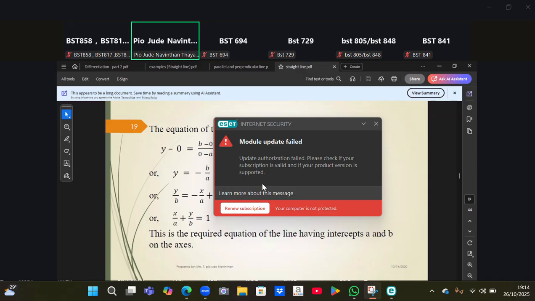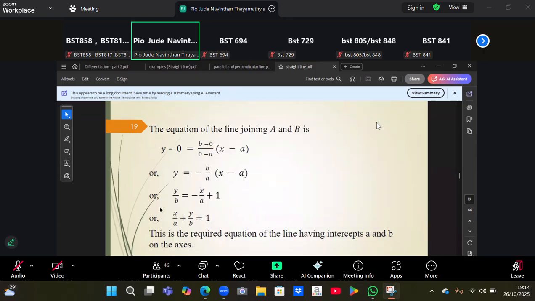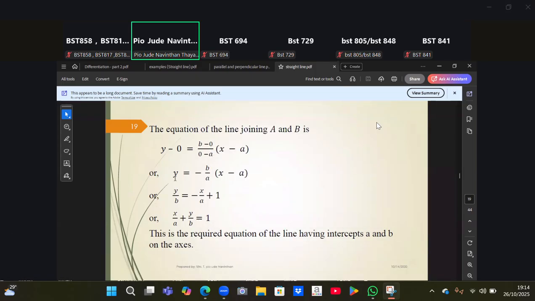B will be there. Okay, B is there, right? Then we need to bring it to the other side. Y plus b over a x equals b.